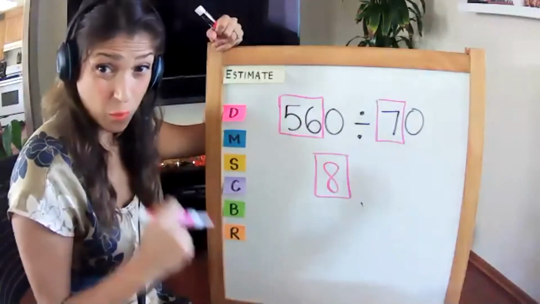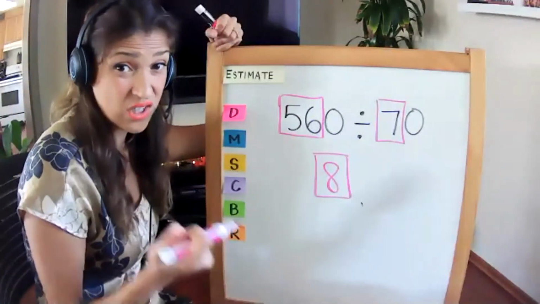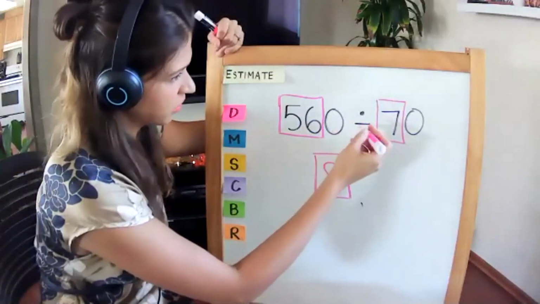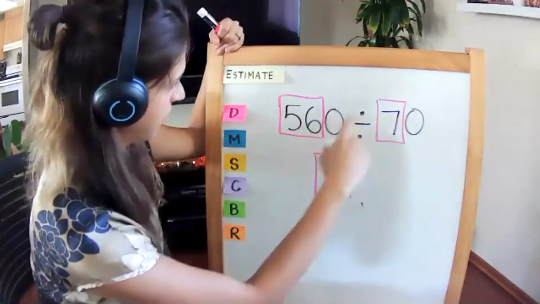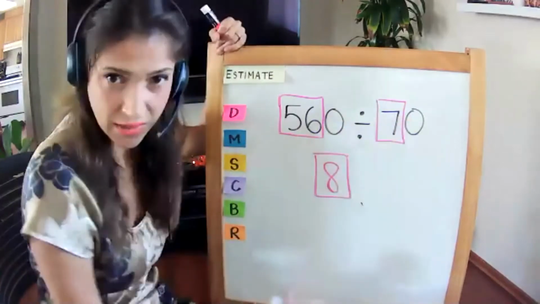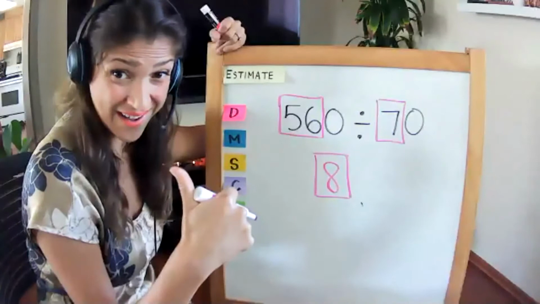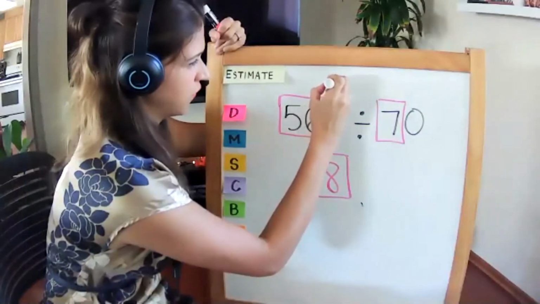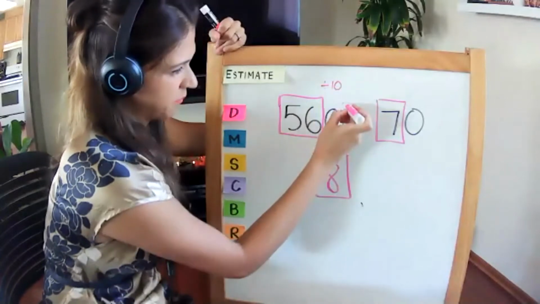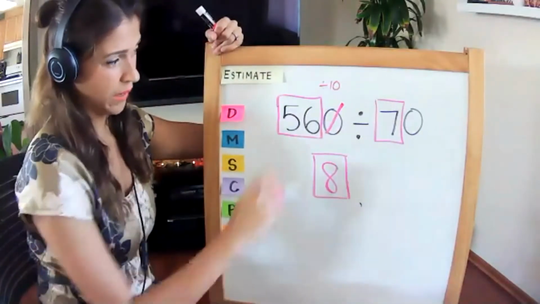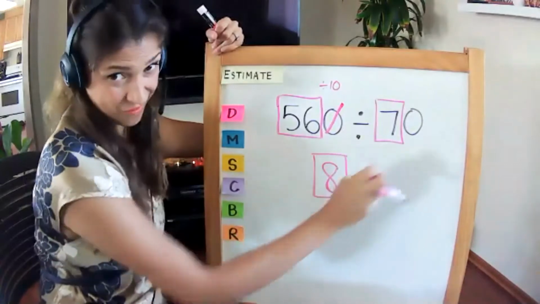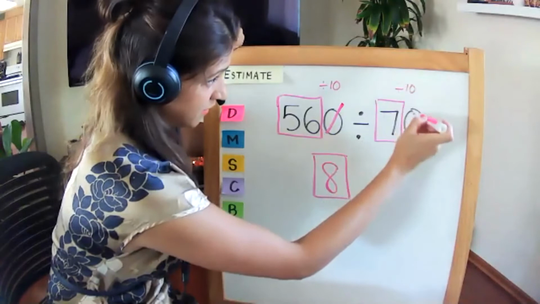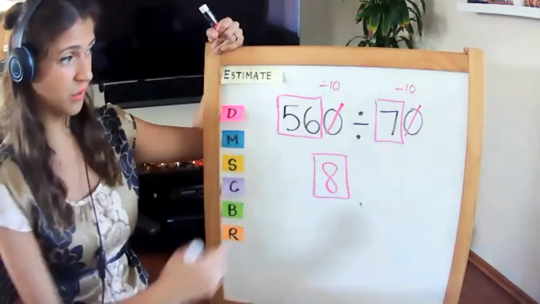Now our next step, which we just finished talking about, is to see if we need to cancel out any zeros. What we're doing when we're canceling out those zeros is we see, is there a zero in both our dividend and divisor? Yes. So what we're really doing is we're saying 560 divided by 10 is going to be 56. Whatever I do to my dividend, I have to do to my divisor. 70 divided by 10, we cross out that zero, is 7.